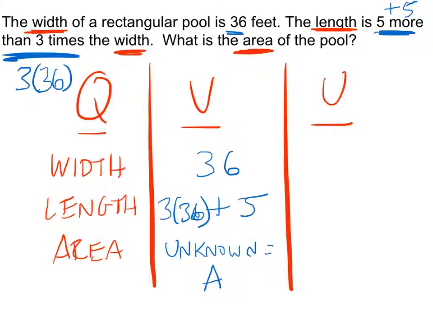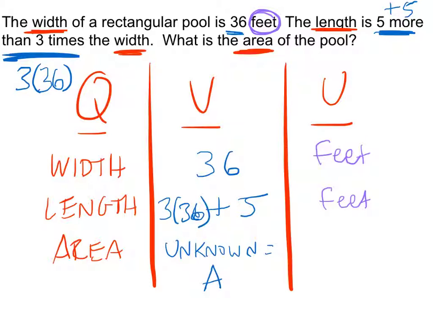So we know we have our quantities, our values, now our units. Looking here, I see that I have 36 feet, so my width has a unit of feet. And the length is 5 more than 3 times the width, so since the length is measured in the same units, length is also going to be feet. Now, it's asking for the area of the pool.